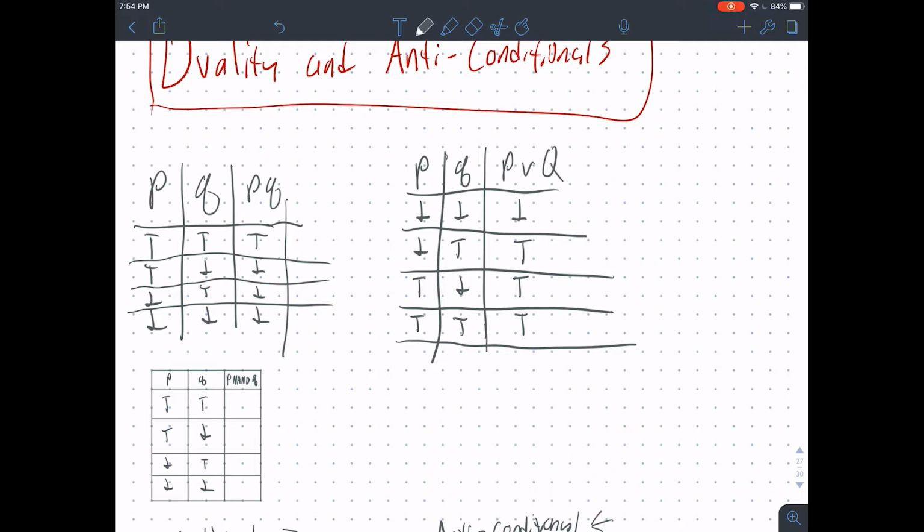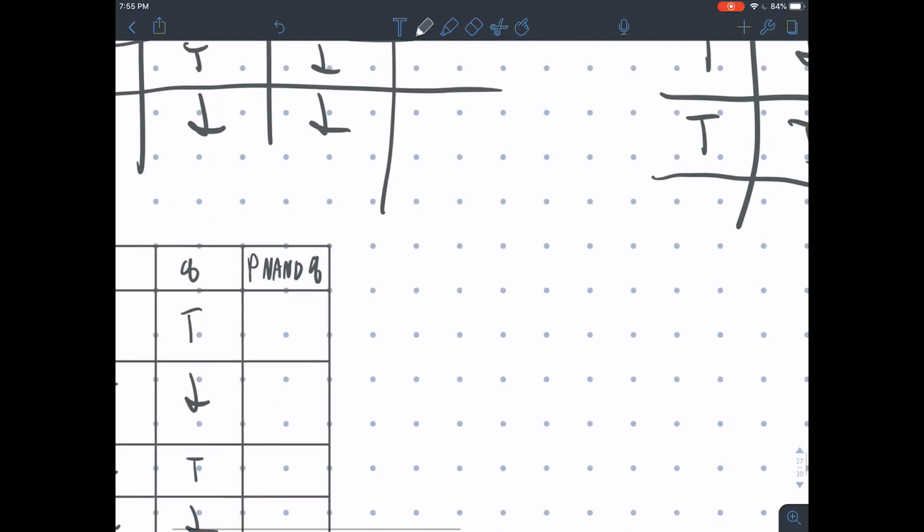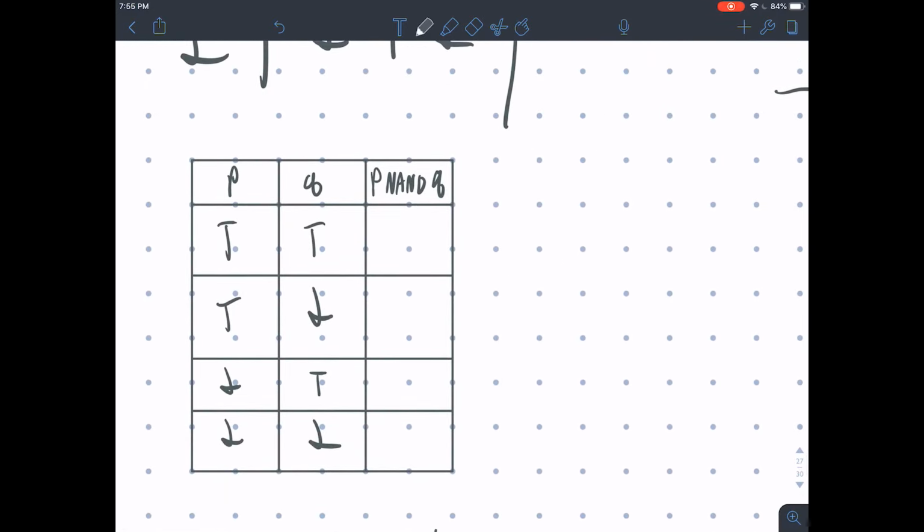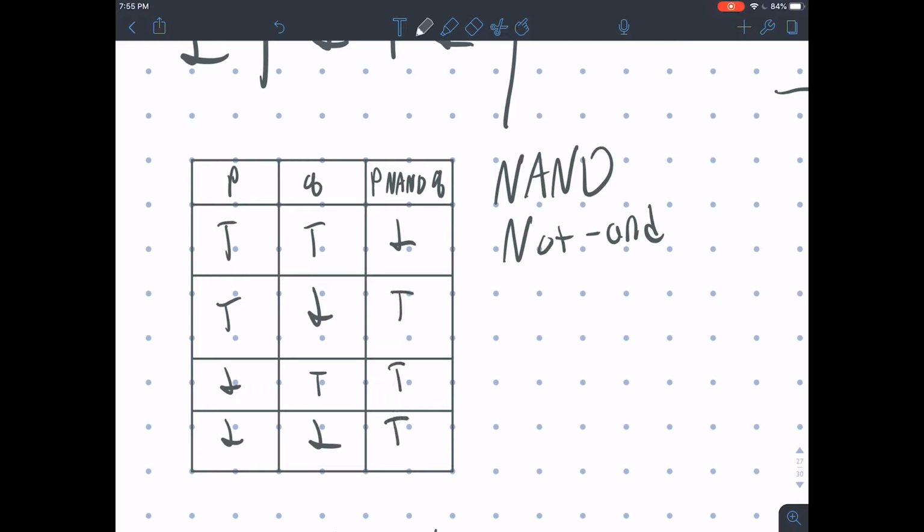And so actually, I'm not going to do too much with this, but just as a fun fact, if you are a computer science major or computer engineering, you've probably run into this truth functional operator known as NAND, or not and, right? And so the truth table for NAND is it's false when both of the components are true and true otherwise.